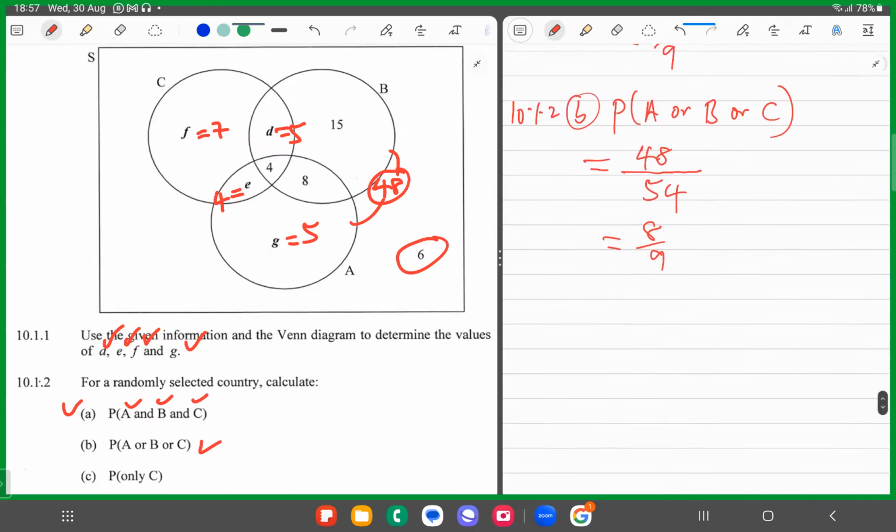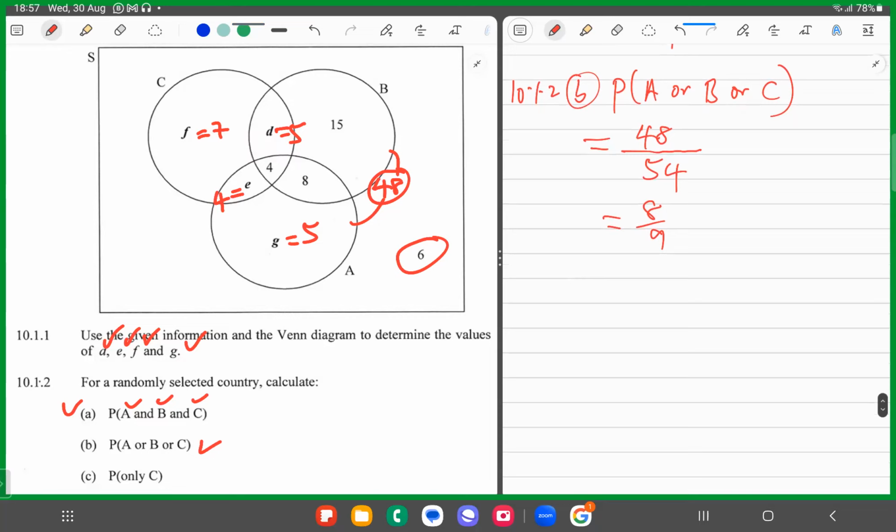Okay, next we enjoy our probability calculations. 10.1.2, but we're looking at part C. Only part C. The probability of only C. What is inside C exactly?